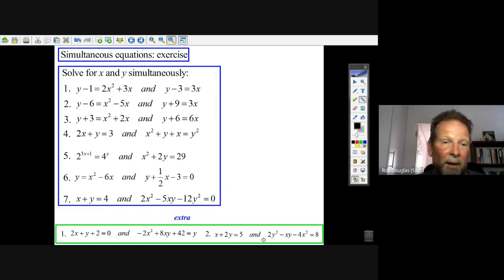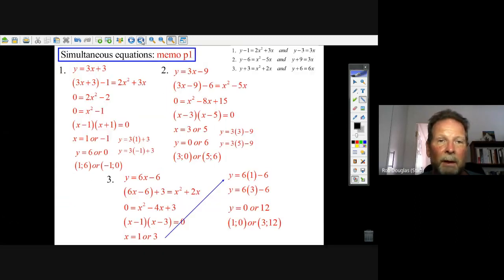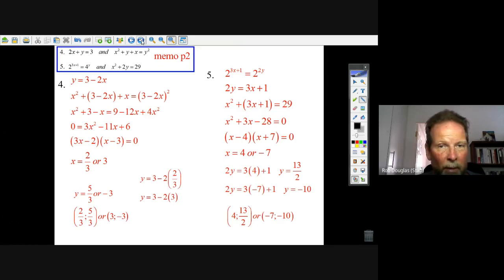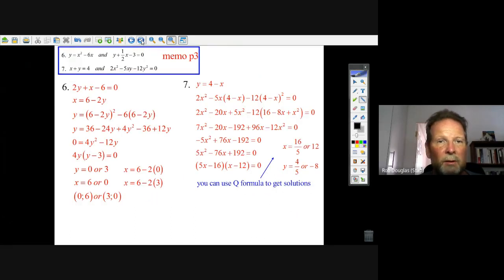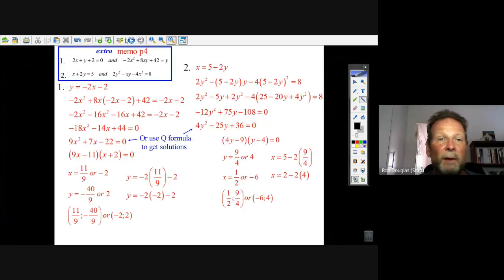They take a bit, they're worth 7 or 8 marks. And so they take a bit of work, but they're real important. These are all exam questions from 4 on. They come with complete memos, 4 pages of memos, so that you can check your answers and make sure that you've done everything right.